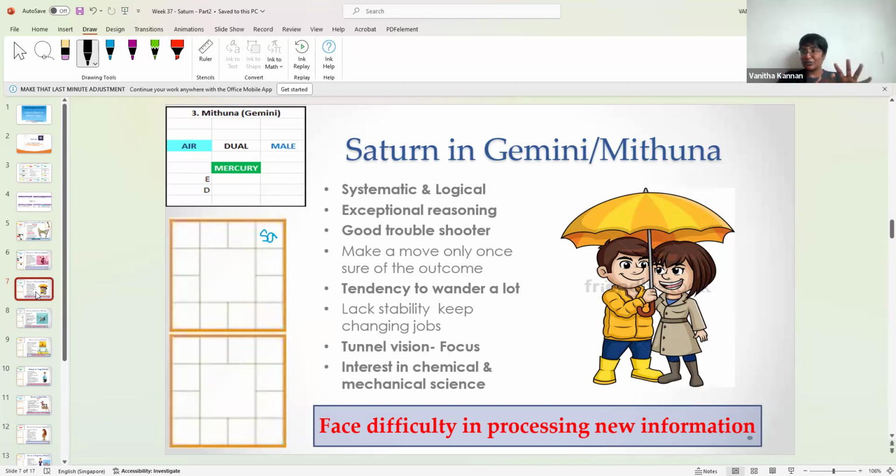You find one piece of information, but in between you jump to another, and another, and another. At the end of the day, you are in the fifth process and you have no idea what you did at the start. Because of their movable nature, they don't want to stay in one place. Even if they try, their nature won't allow them. They want to wander from one thing to another. At the end of the day, they have difficulty processing new information. We will see that in detail in the next class.